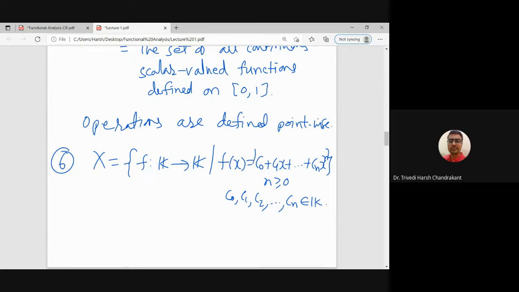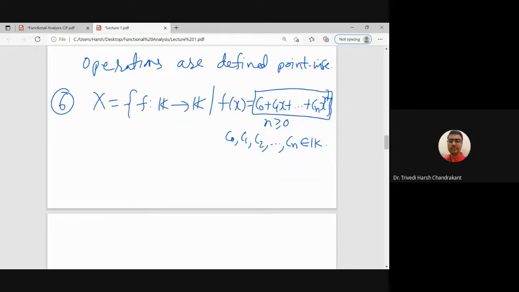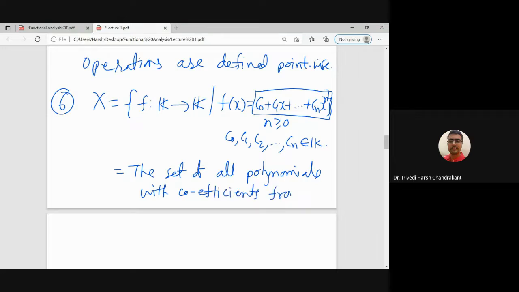If we have this type of function, what is it called? That is a polynomial, right? So we are basically taking X to be the set of all polynomials with coefficients from the field K.